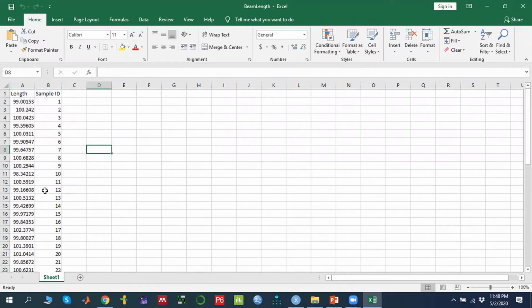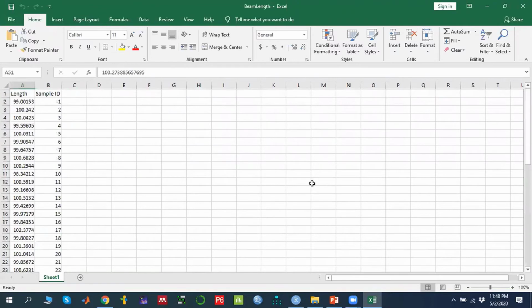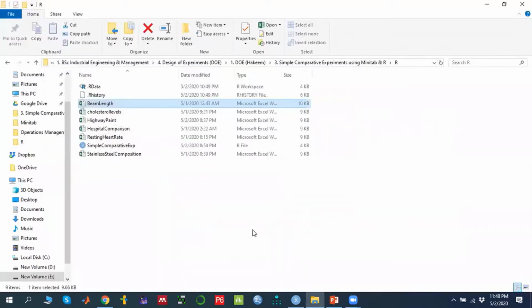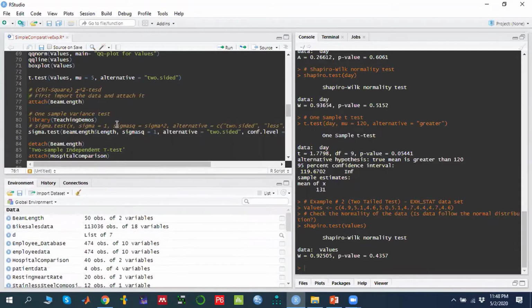This is the data set, with 50 samples, and this is the value they have given us. So now I am going to first of all read this data. In order to read it, meaning attach it, first of all I need to import this data.